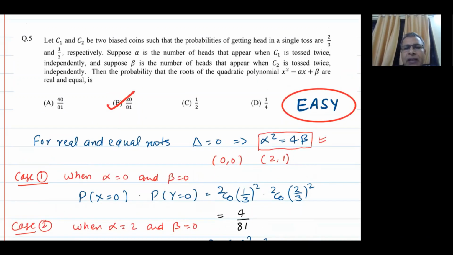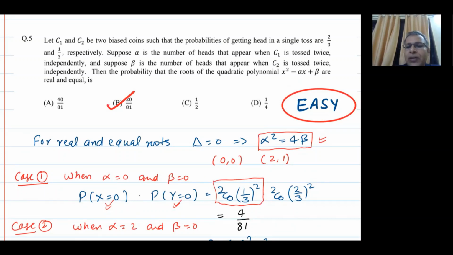The first pair is if we put alpha equal to 0, beta equal to 0. The second, we put alpha equal to 2 and beta equal to 1. So alpha equal to 0 and beta equal to 0 means here I am talking about no heads in C1 and no heads in C2. So we have to use the binomial distribution, and for the binomial distribution we are tossing the coin twice and no head appears.